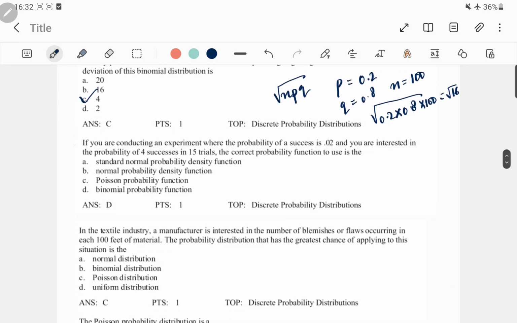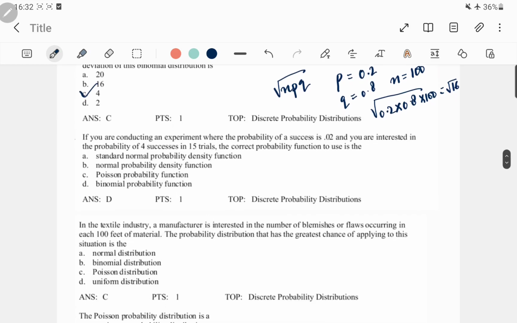Okay. Next up, if you are conducting an experiment where the probability of success is 0.02 and you are interested in the probability of 4 successes in 15 trials, the correct probability function to use will be, if we think about it, P is fixed at 0.02, and we are trying to find 4 successes in 15 trials.